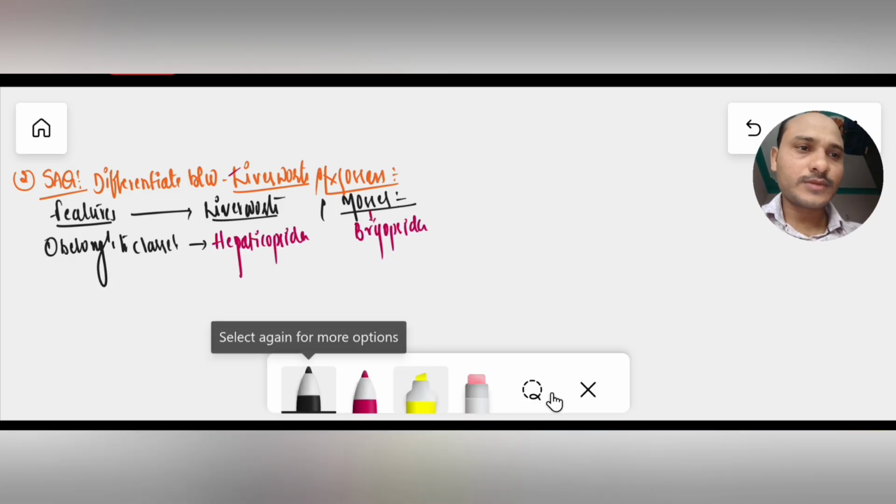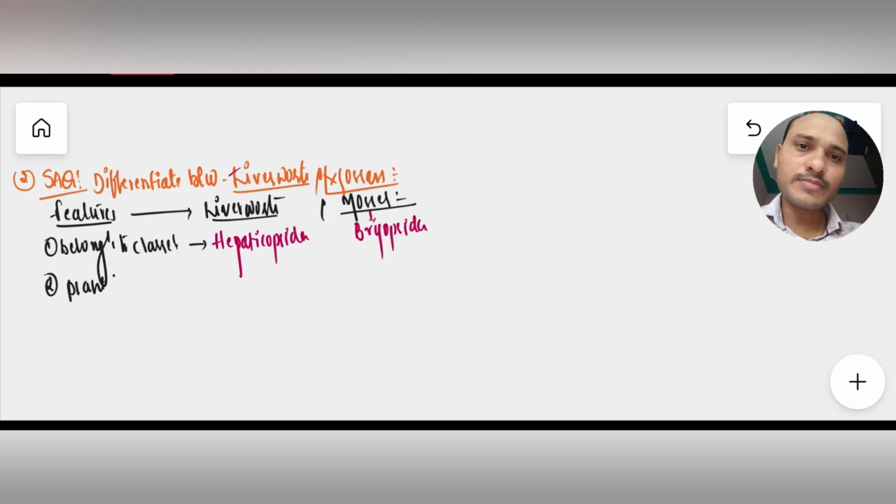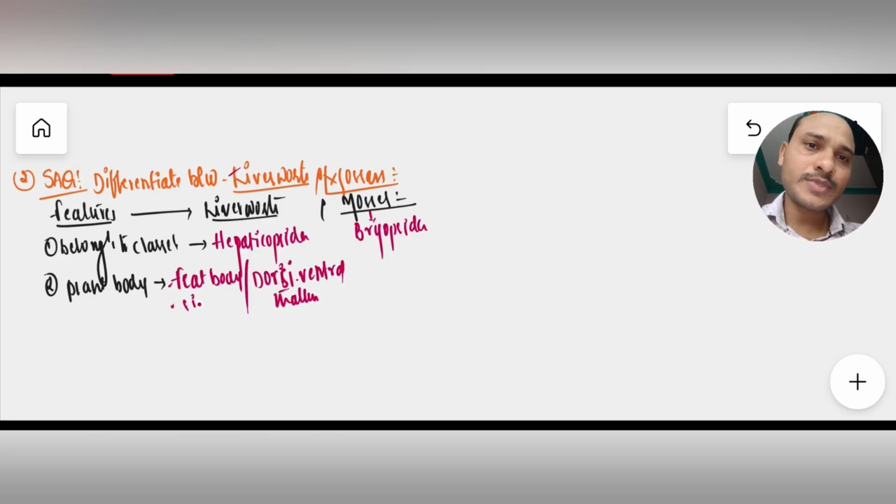Okay. Next, the second point about the plant body. Liverworts have a flat plant body, which means the body is not differentiated into dorsal and ventral sides, hence it is called a dorsiventral thallus. The dorsiventral thallus body is present, and their body is a very simple plant body.